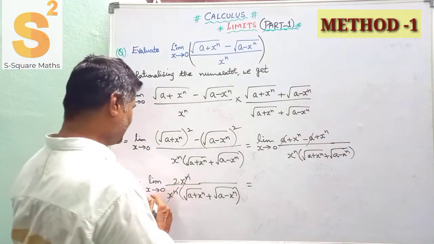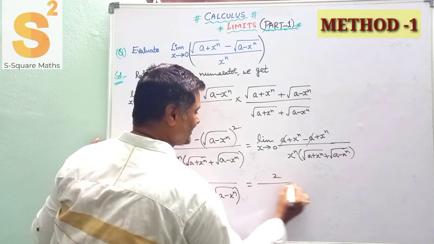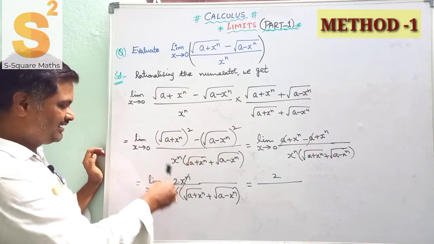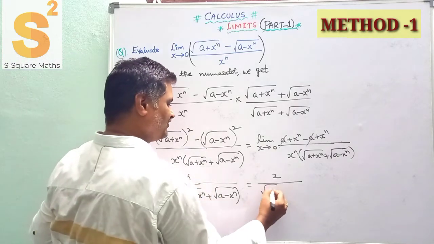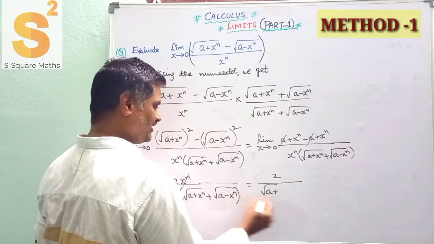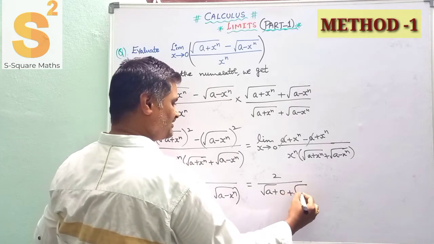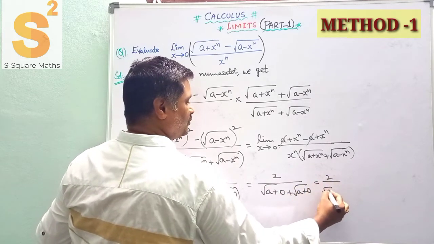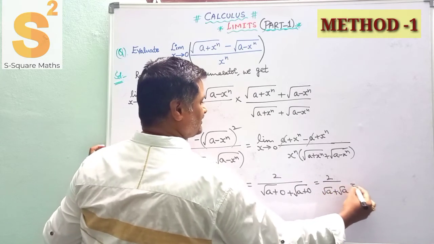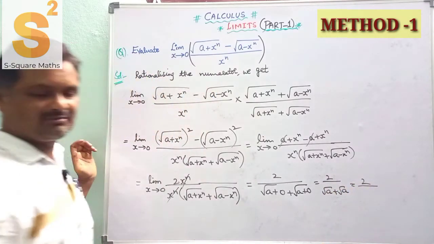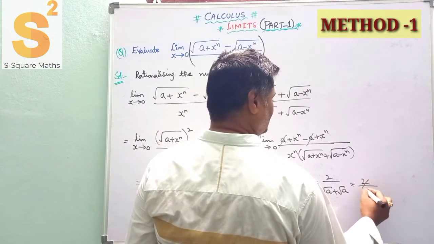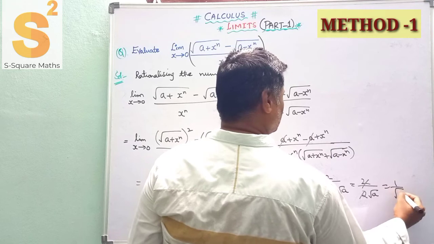So 2 by, since I am substituting x is equal to 0, no need to write this part. So root of a plus 0 power n is 0 plus a plus 0 power n is 0. So 2 by root a plus root a, nothing but 2 root a, so 1 by root a.